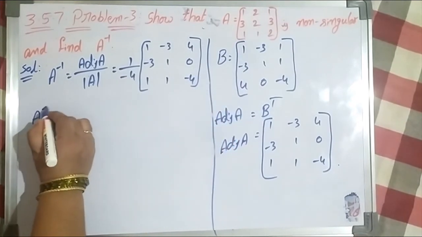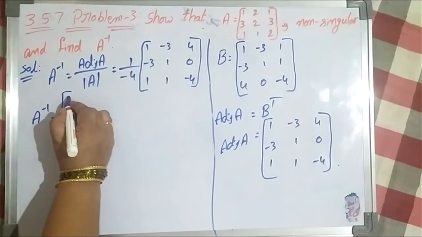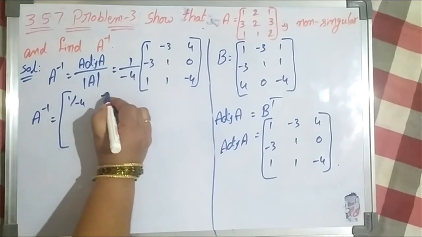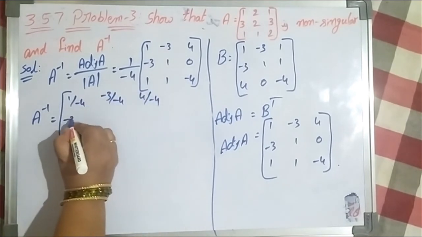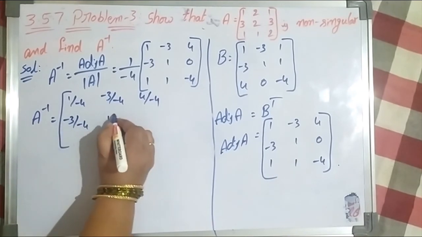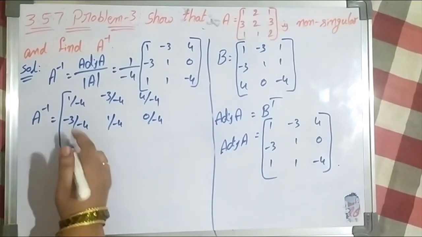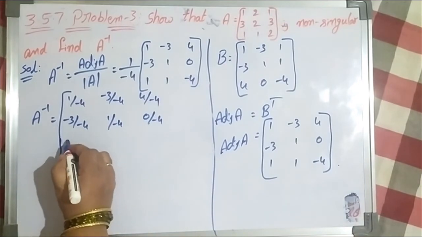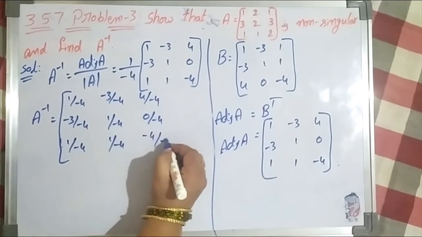That is A inverse equal to 1 by minus 4, minus 3 by minus 4, 4 by minus 4, minus 3 by minus 4, 1 by minus 4, 0 by minus 4, 1 by minus 4, again 1 by minus 4, minus 4 by minus 4.